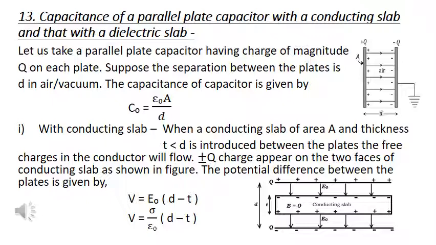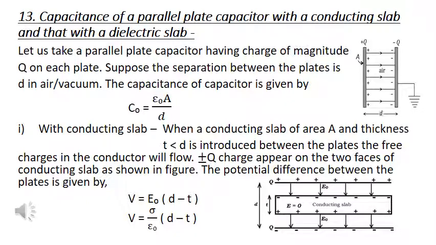As we can see in the figure, E is equal to 0 in thickness t and the electric field is only in rest of the space except the conducting slab. Therefore, the total electric field is in the space d minus t.